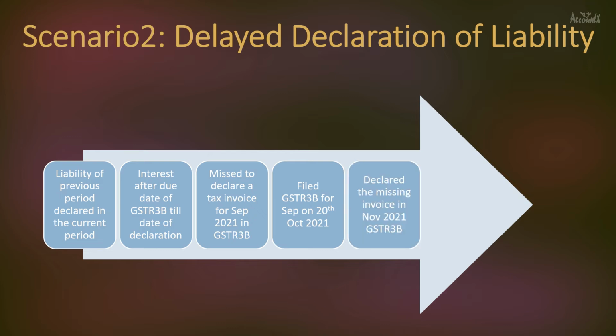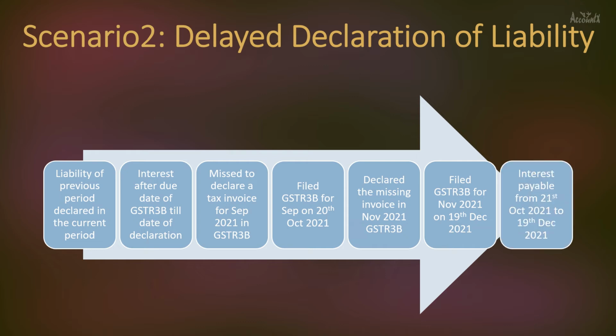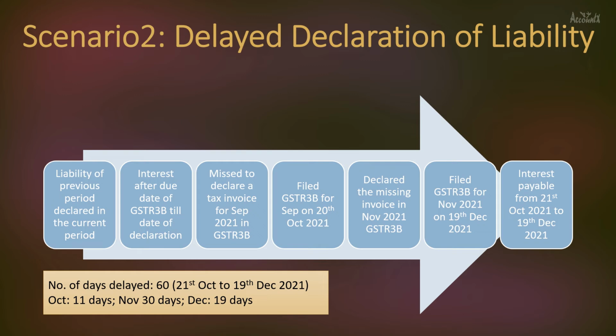Later you declared this missing invoice in GSTR3B for November 2021. And you filed GSTR3B for November 2021 on 19 December 2021. If so, interest would be payable from 21st October 2021 to 19 December 2021. The method of computation is same even here. Here, the interest would be computed for 60 days of delay.